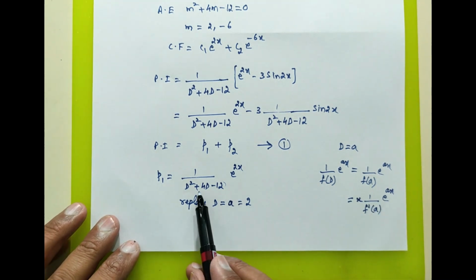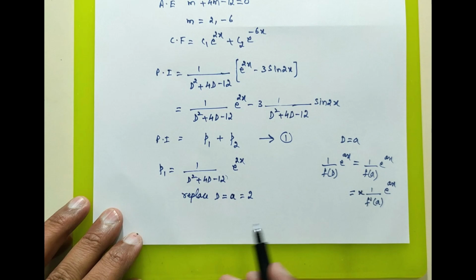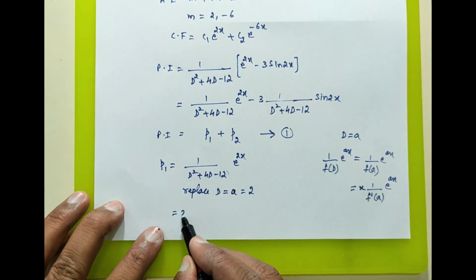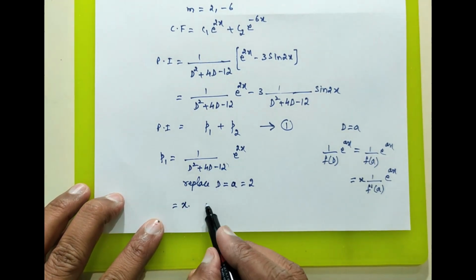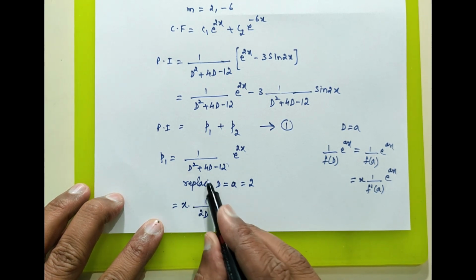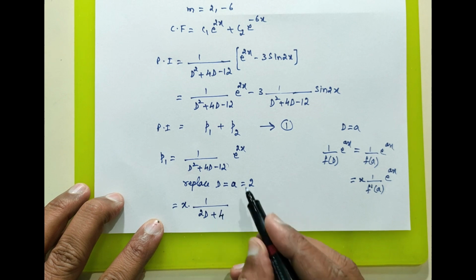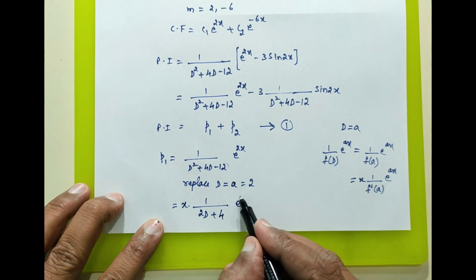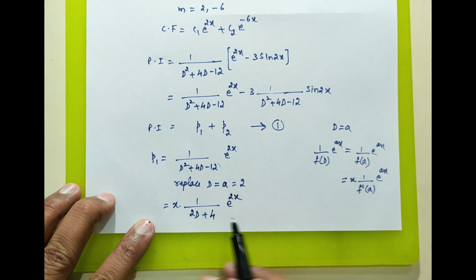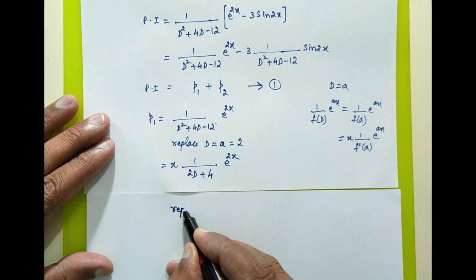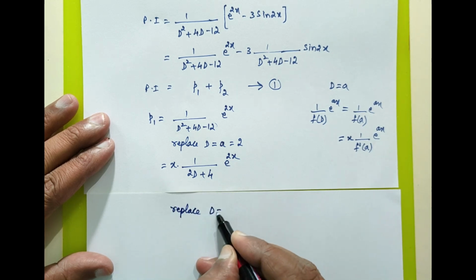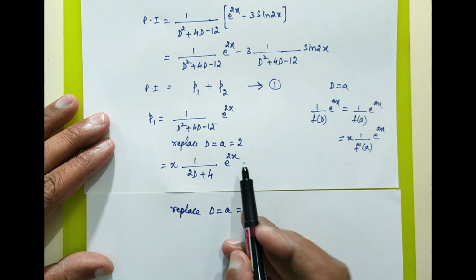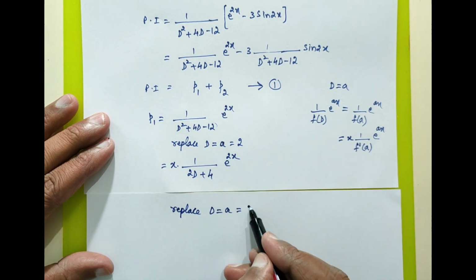So here when I put 2, the denominator will become 0. Therefore, I will multiply by x and differentiate the denominator. The derivative of D² is 2D, of 4D is 4, and the derivative of the constant term is 0, into e^(2x). Now replace once again the value of D by a, where a is the coefficient of x, that is 2.